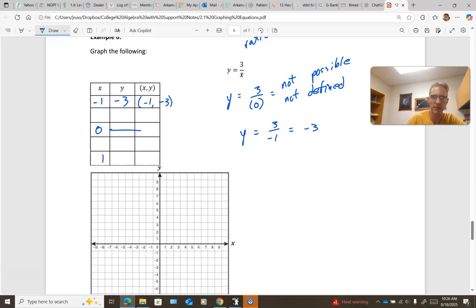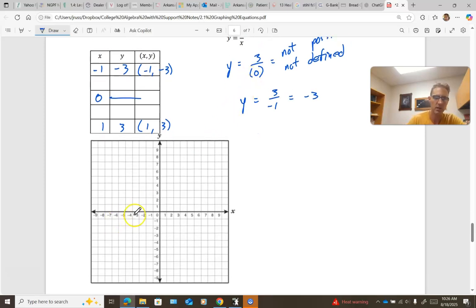And if I plug positive 1 in, 3 divided by positive 1 is positive 3. So that gives me another point. So I've got 2 points. And I could go ahead and plot those, negative 1 comma negative 3. And then 1 comma 3. But this doesn't tell me much. This is not going to be a straight line.